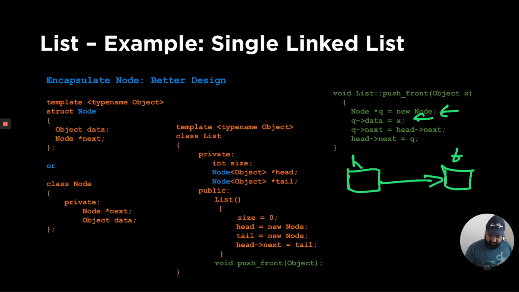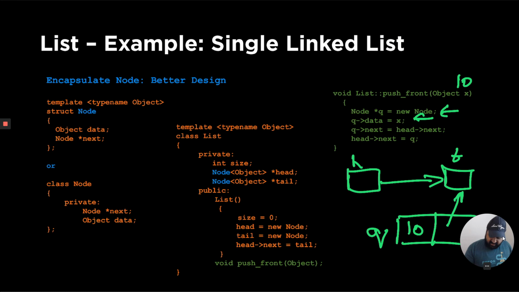So in this case, we created a new node q, and let's say x is 10. So we created a new node with q's data equal to 10. And q's next is pointing to head's next, which is this element now pointing to tail.